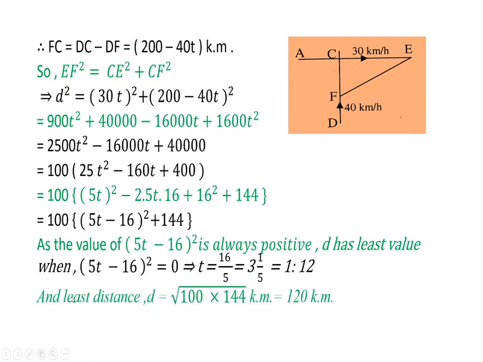So from this we can determine the least distance, which is d equal to root over 100 into 144 kilometer. That means 120 kilometer at time 3 hour 12 minute. So here the least distance is 120 kilometer.